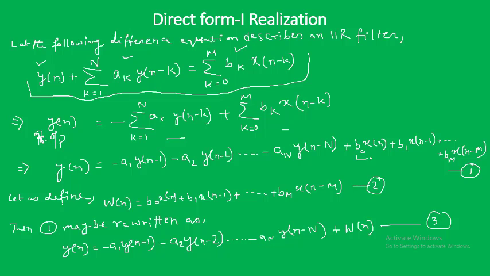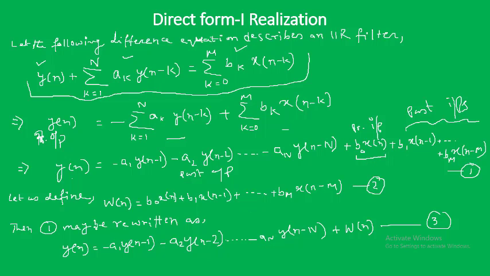Similarly, b naught x of n is my present input, and here we have the past inputs. So the present output is a function of past outputs, present input and past inputs.